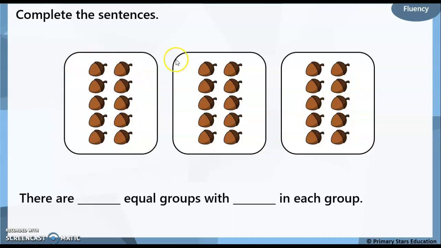So there are 3 equal groups with 10 in each group. We can count in tens, 10, 20, 30. You could also swap those around, do 10 times 3, 3, 6, 9, 12, 15, 18, 21, 24, 27, 30.